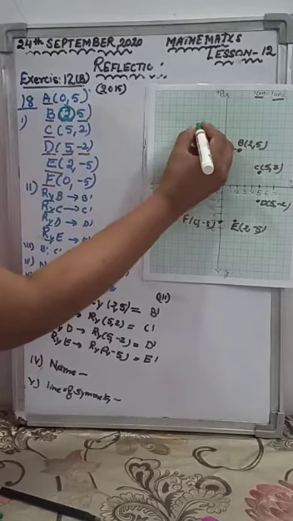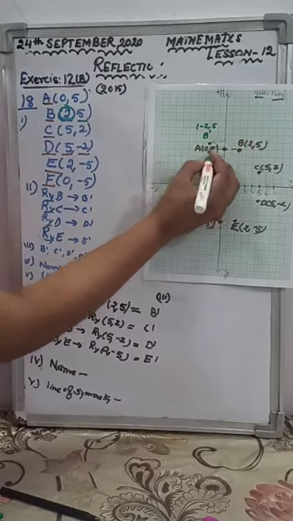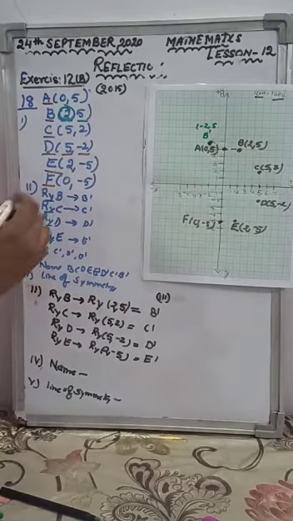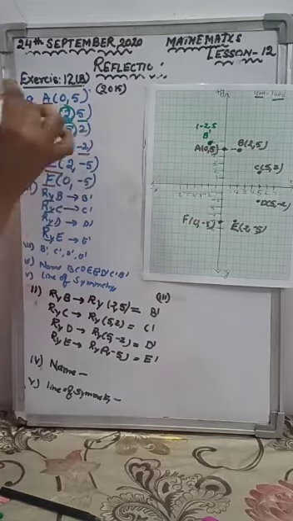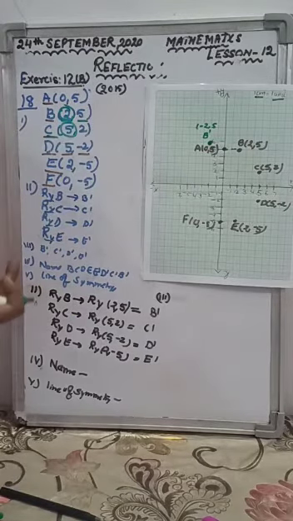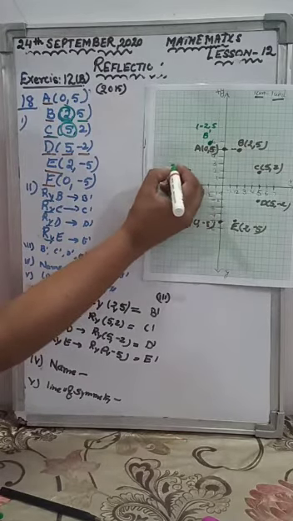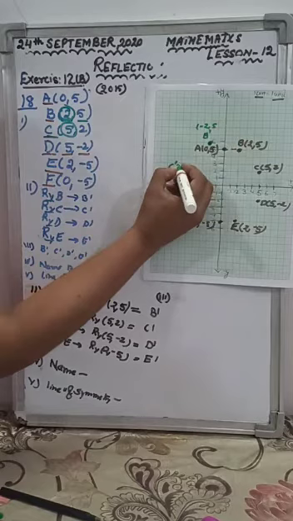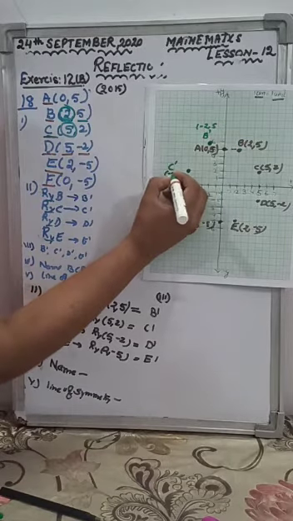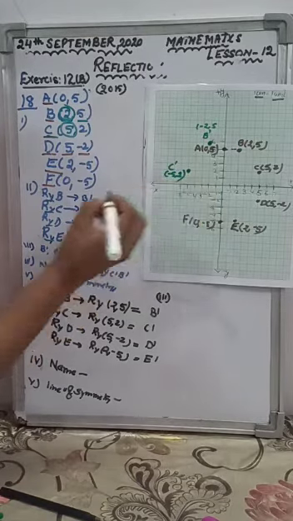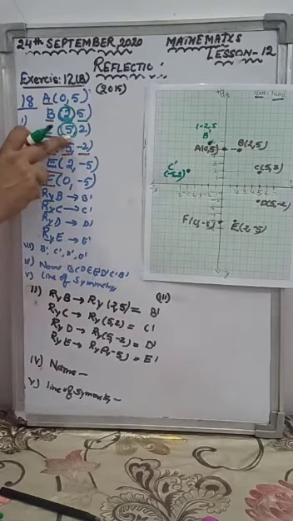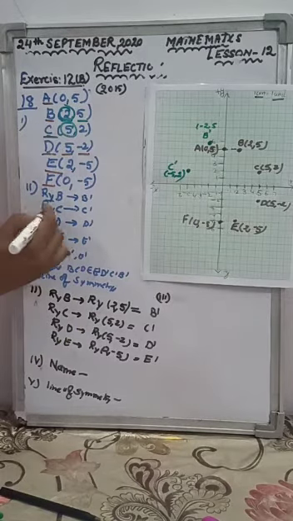B dash -2, 5. Now C, 5, 2. So it will be -5, 2. This is C dash. This is B dash. So it will be -5, 2. The sign of the abscissa will only change in case of the reflection on the y-axis.